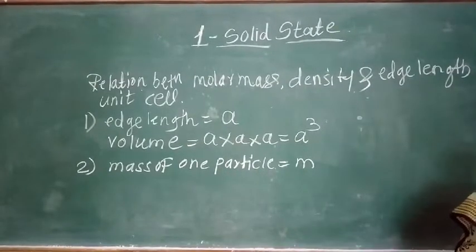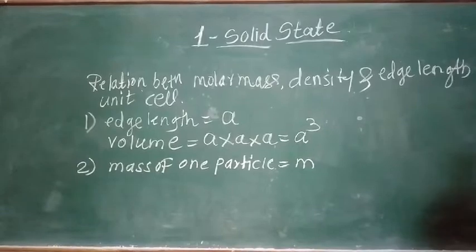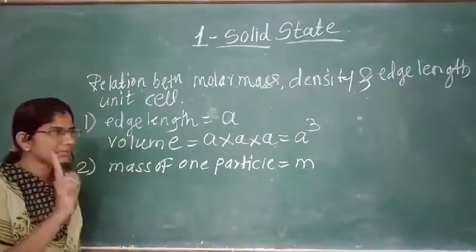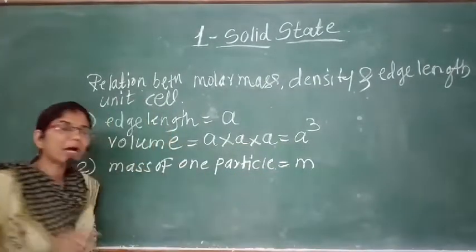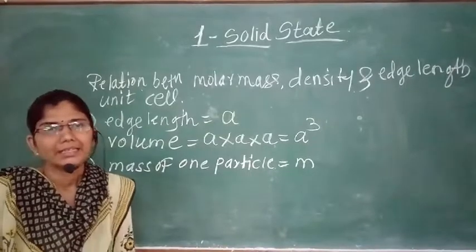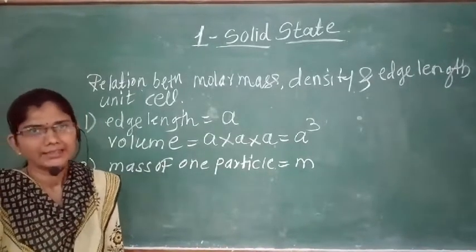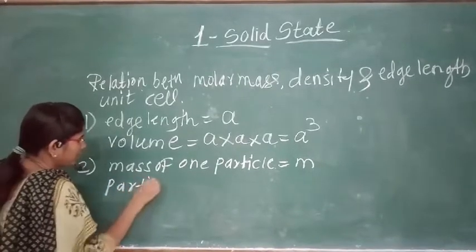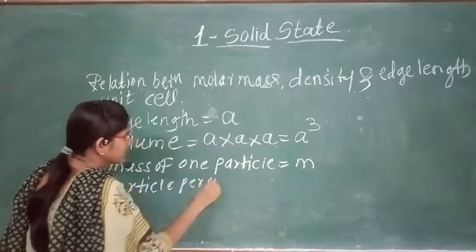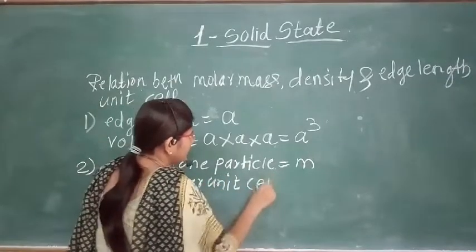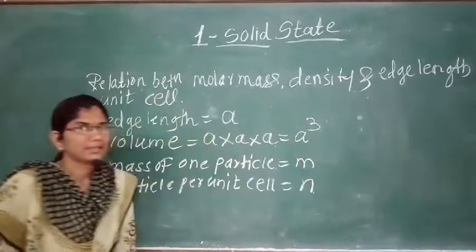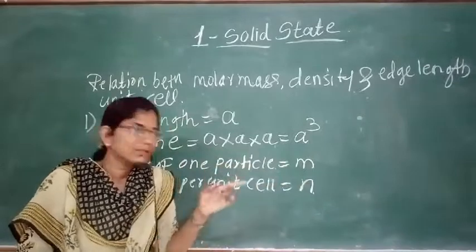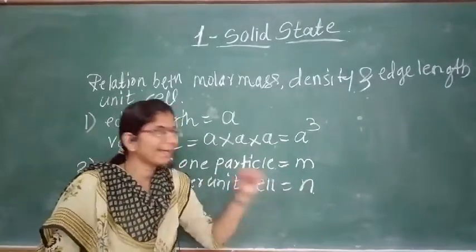Suppose the mass of one particle is m, and there are n particles per unit cell. If you consider the cubic unit cell, the mass of one particle is m, and the particles per unit cell are n.